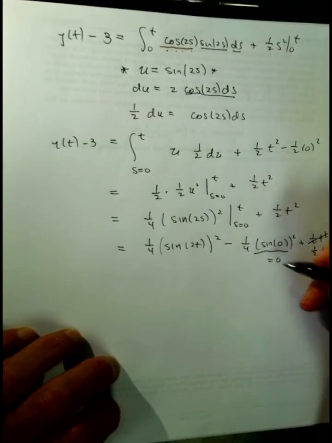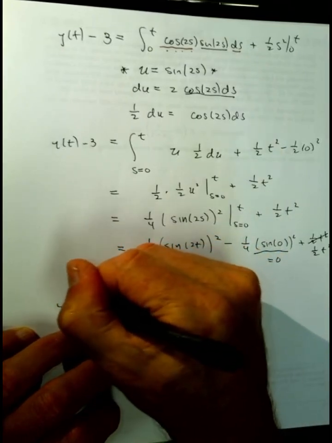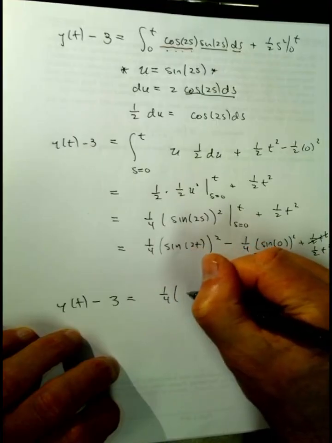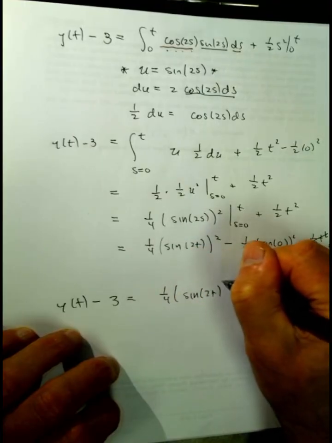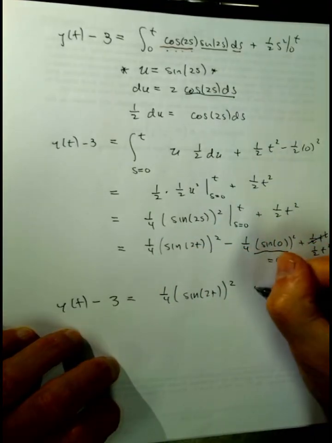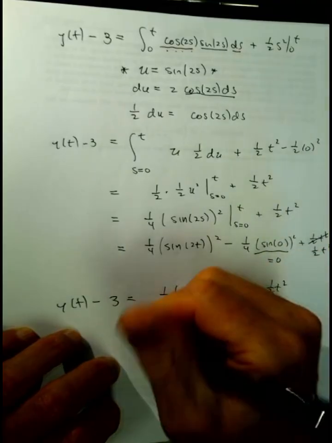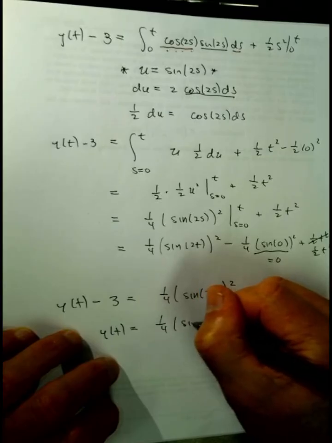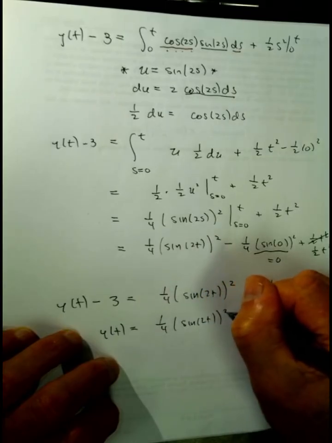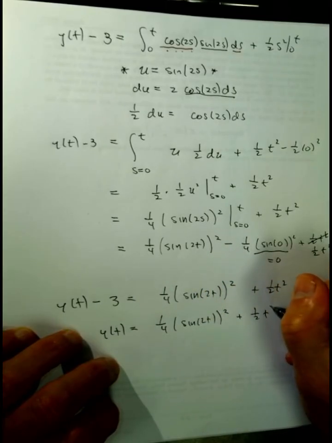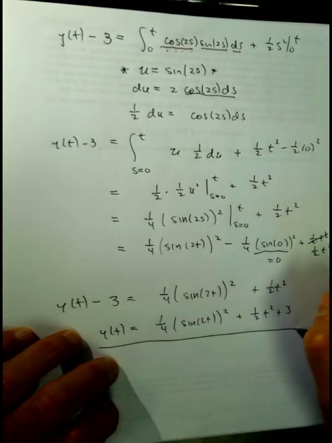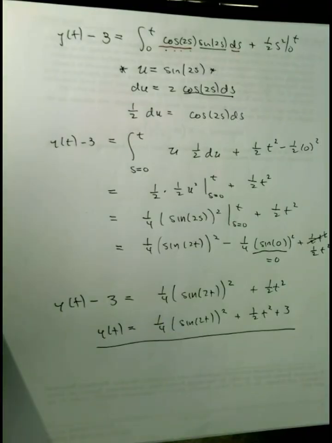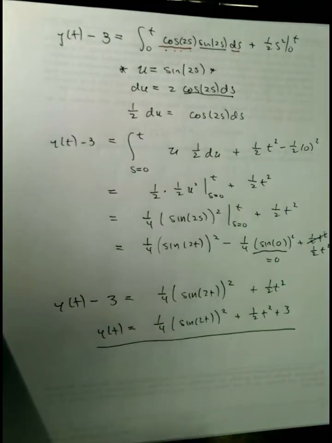Sine of 0 is 0. So I get that y of t minus 3 is 1/4 times sine of 2t squared plus 1/2 t squared. And now I can add 3 to both sides. That is the solution. That's a unique solution. There's no ambiguity. All right.